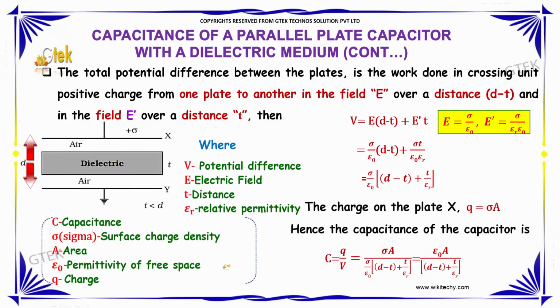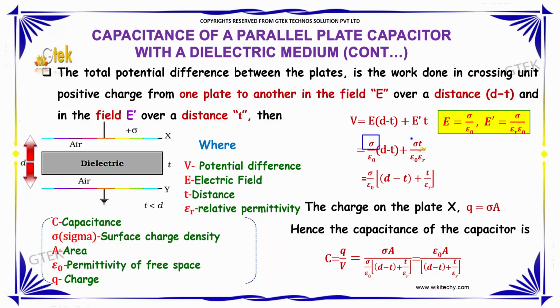Now the total potential difference between the plates is the work done in carrying a unit positive charge from one plate to another, in the field E over a distance D minus T and in the field E dash over a distance T. Then V equals E into D minus T plus E dash into T. Substituting the values for E and E dash, it will be sigma divided by epsilon naught into D minus T, plus sigma T divided by epsilon naught into epsilon r.